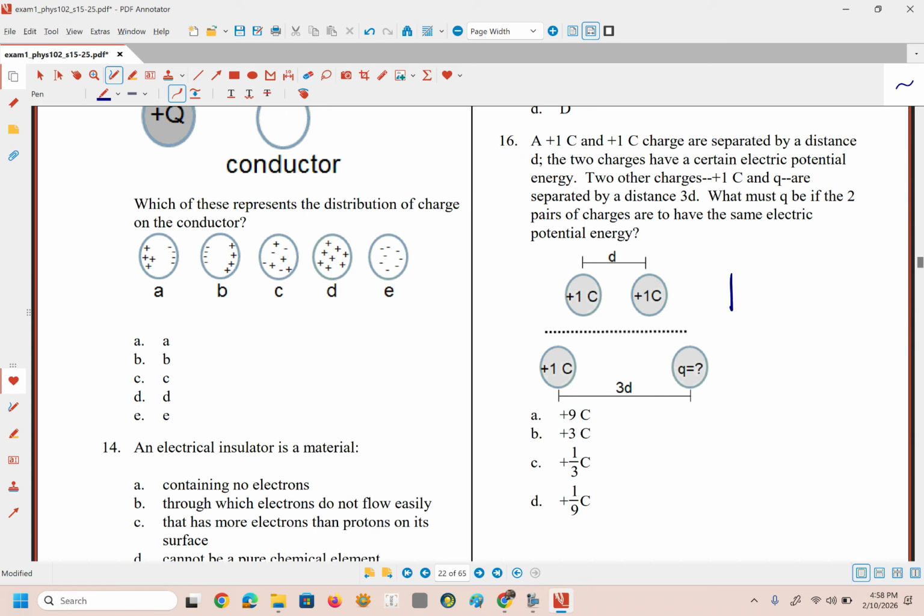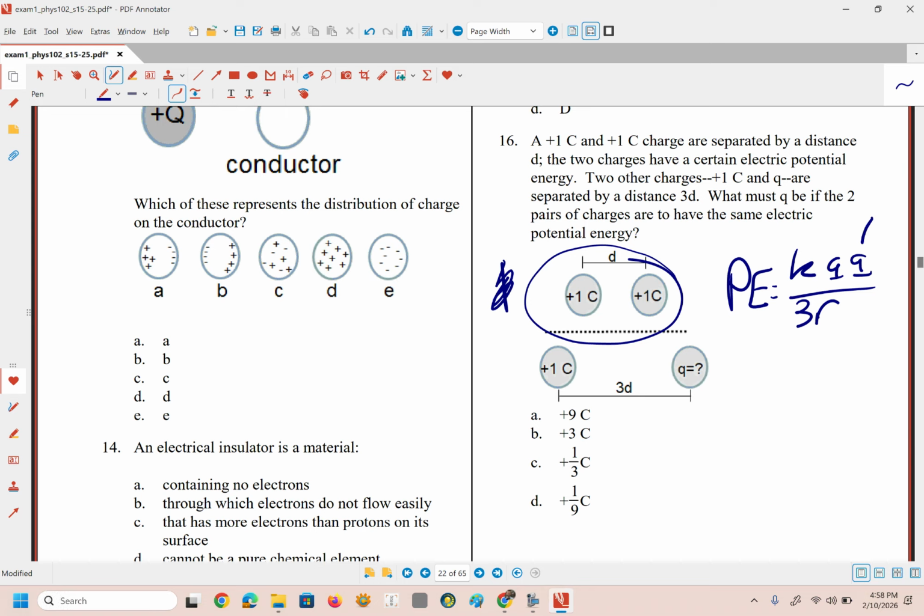Remember, potential energy equals kQQ over R. If these have a certain potential energy and I move the charges 3 times as far apart, then what must happen to this charge in order for it to have the same potential energy?